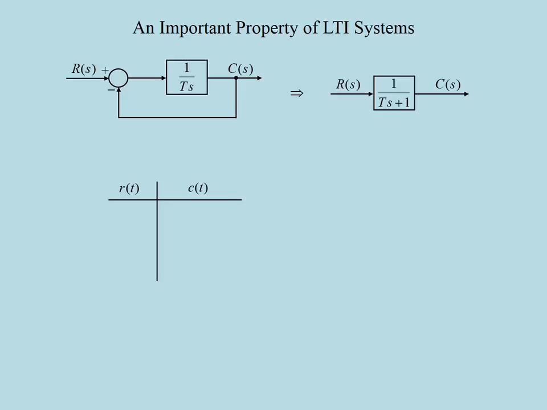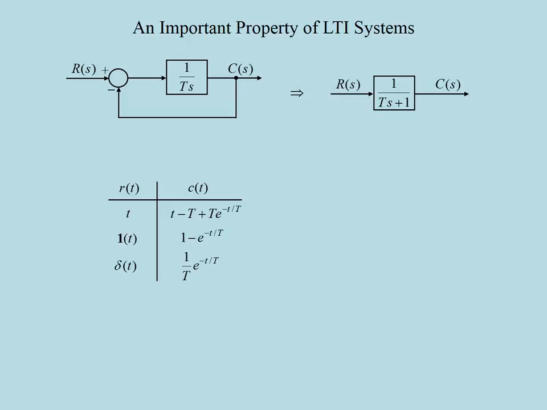Up to now, we have computed for this first order system the outputs corresponding to unit ramp, unit step, and unit impulse inputs. Now, in the reference input column, the step input and the impulse input are derivatives of the ramp and step inputs respectively. Interestingly, we observe in the output column a similar relationship.